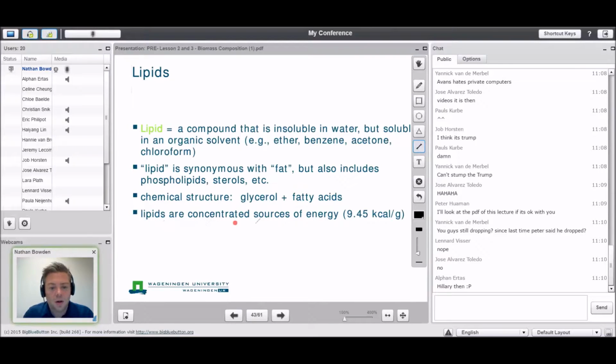Lipids are concentrated sources of energy. A lipid has 9.45 kilocalories per gram, which is more than double that of sugar or protein. They are both around 4 kilocalories per gram. So lipids are a very good storage of energy.